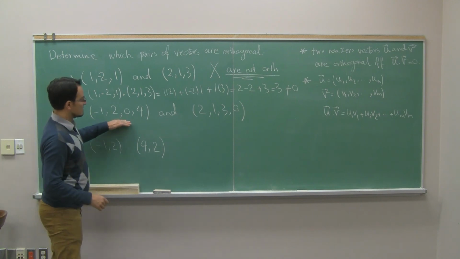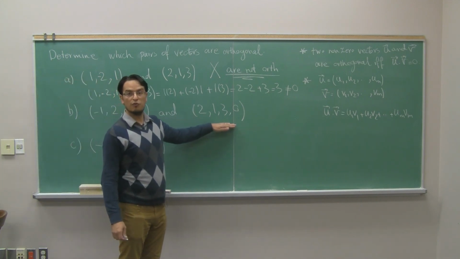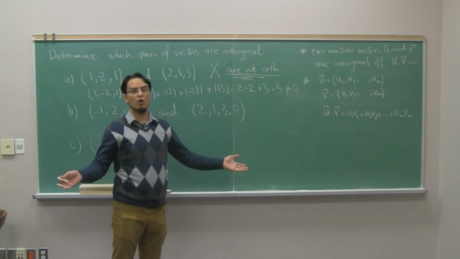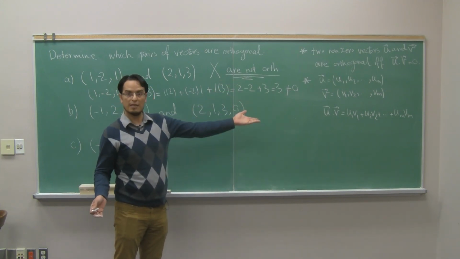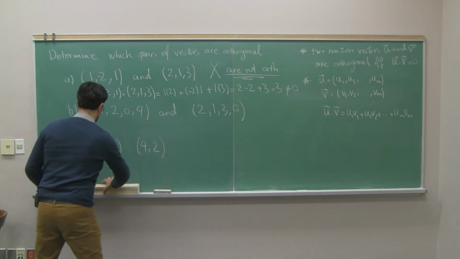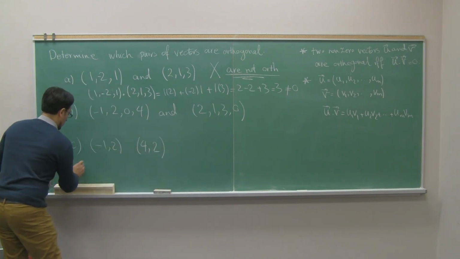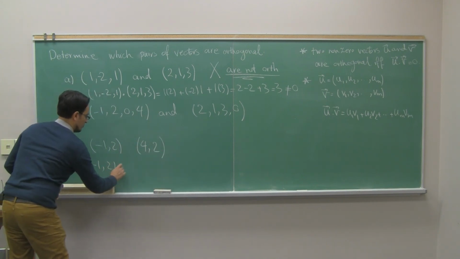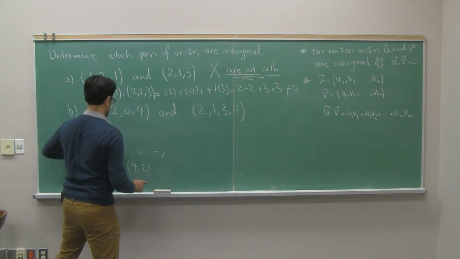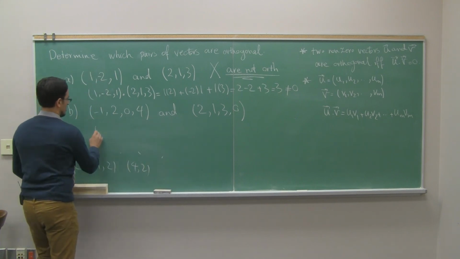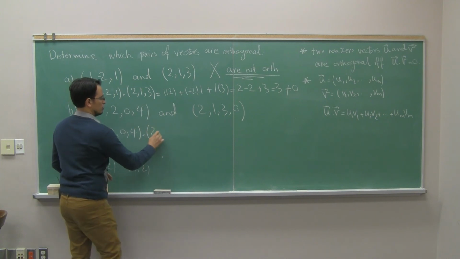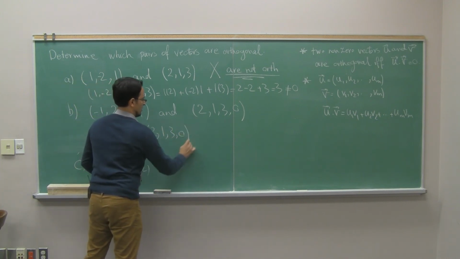Second one. This time we are in R4, but it doesn't matter. The test works for all Rm, and dot product, as I wrote there, is defined for all Rm. So let me just write this a bit lower. So (-1, 2, 0, 4) dot (2, 1, 3, 0).